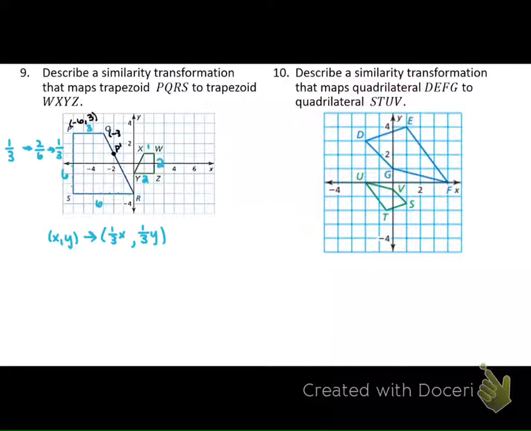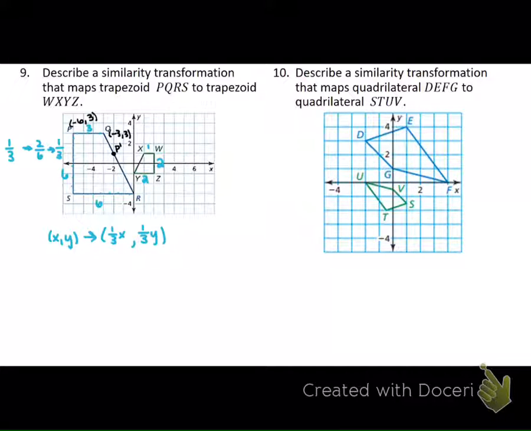Then I have -3, 3. Logan, if I have -3, 3 here, and I'm multiplying x and y by 1/3 because I'm going from here to here, what would this become? -1, 1. Morgan, this is 0, -3.